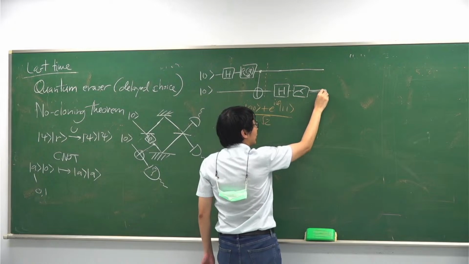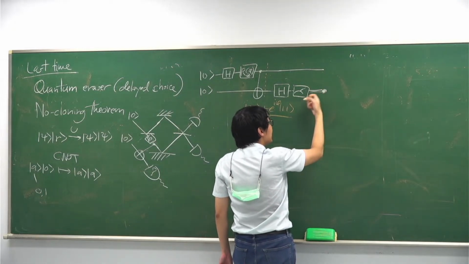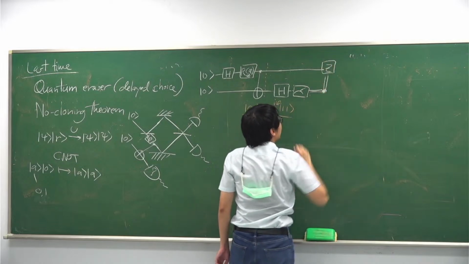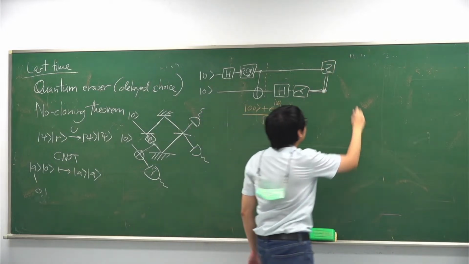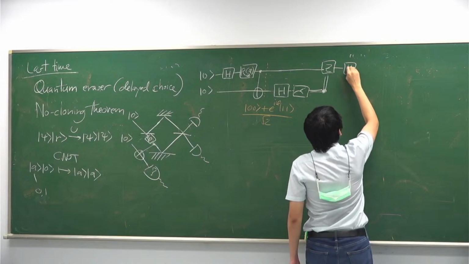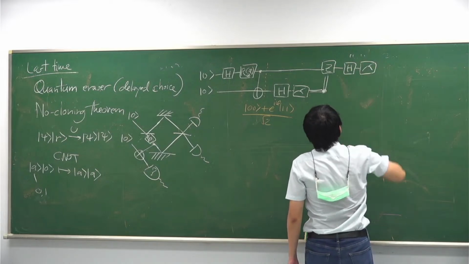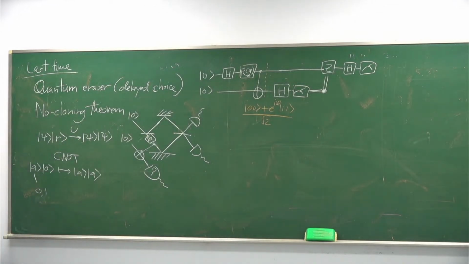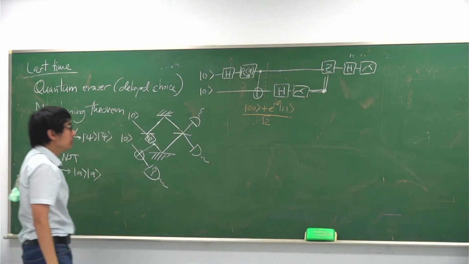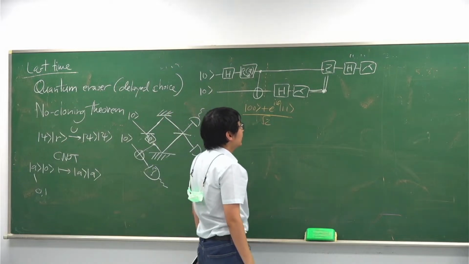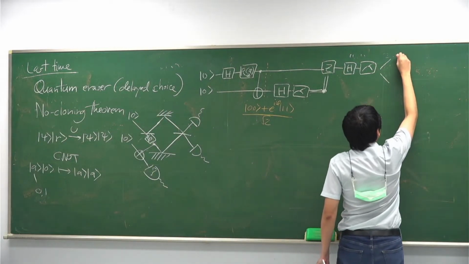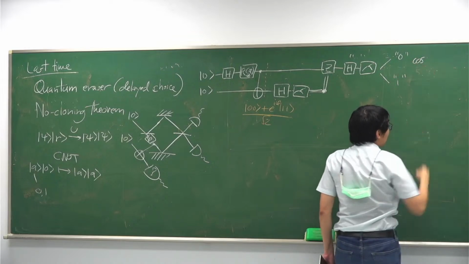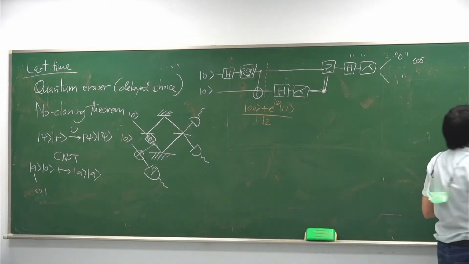And then I do a control here. If the classical bit is 0, I do nothing. If the classical bit is 1, I perform Z. And the claim is that this will restore the quote-unquote interference pattern.